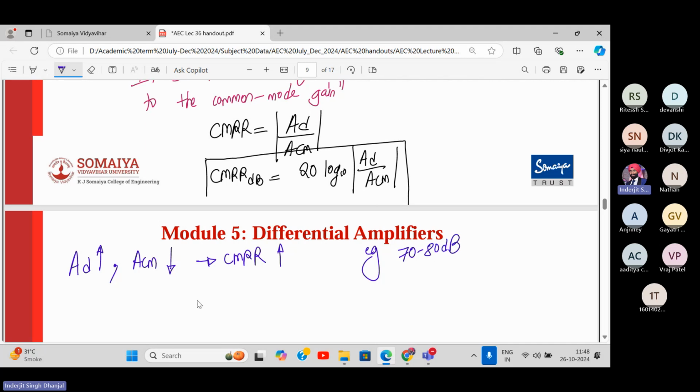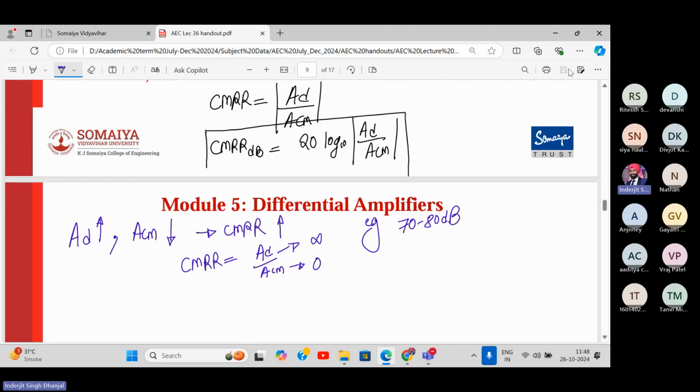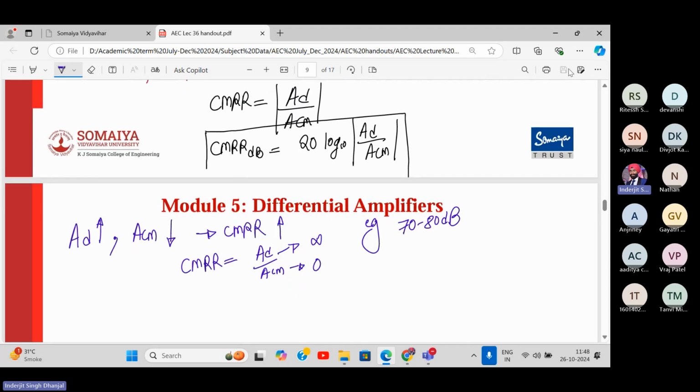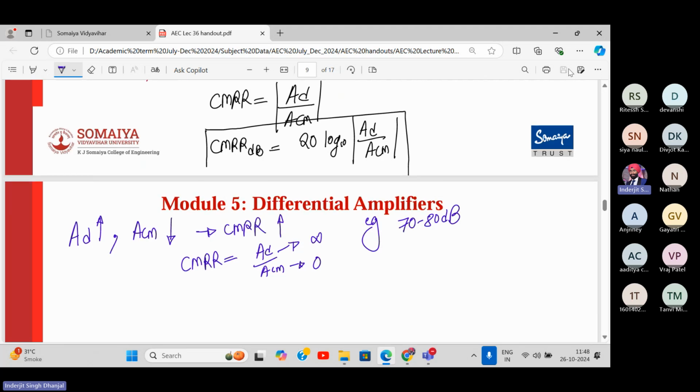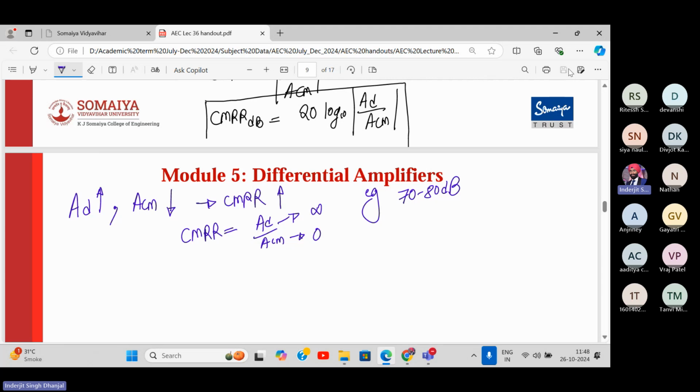All right. So in short, we can say CMRR is AD upon ACM. AD should be infinity and ACM should be going towards zero. So ideally CMRR should be infinite, and practically it should be very, very high.